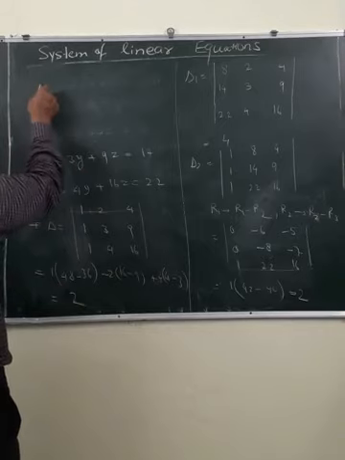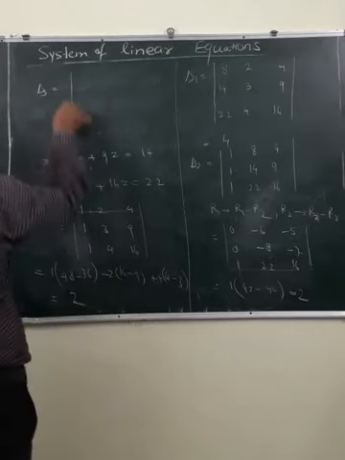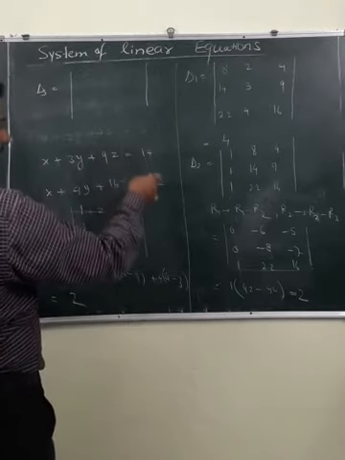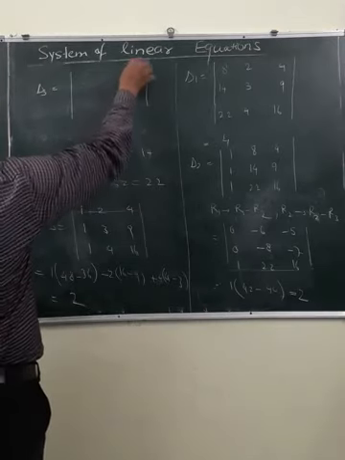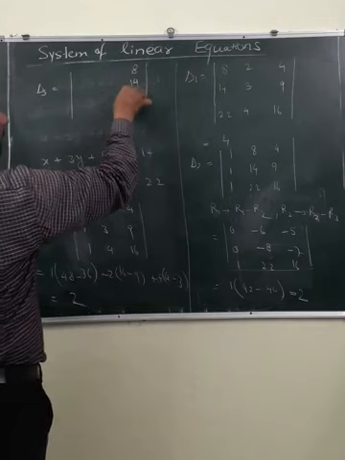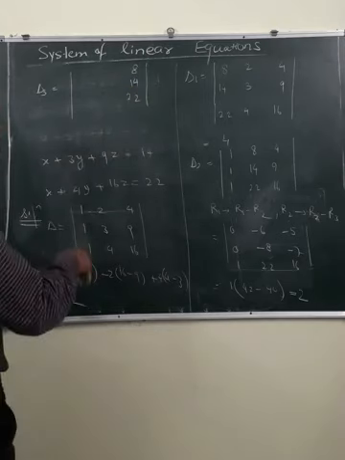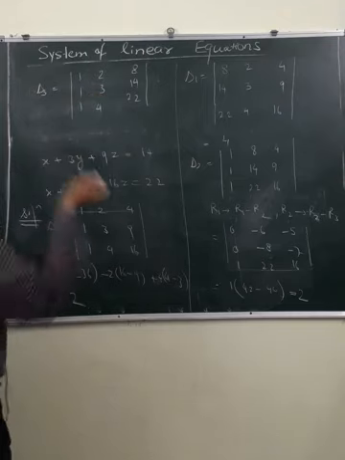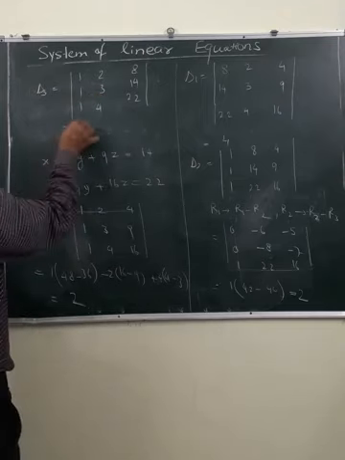Delta 3, I will replace 8, 14, 22 in the third column. I will write this in the third column, and remaining first two column of delta remain same. Same, you can make 0 here, and it will be again 2.